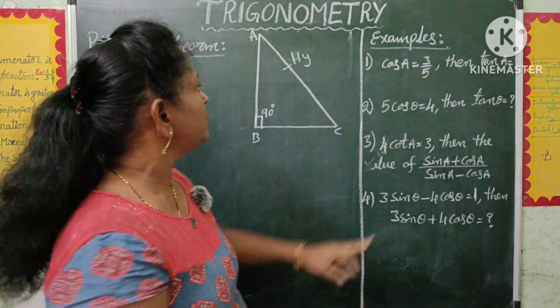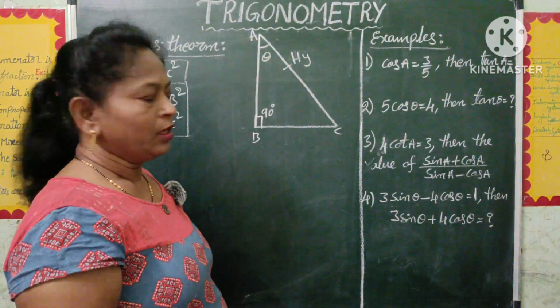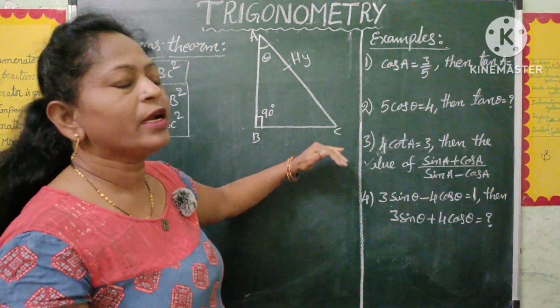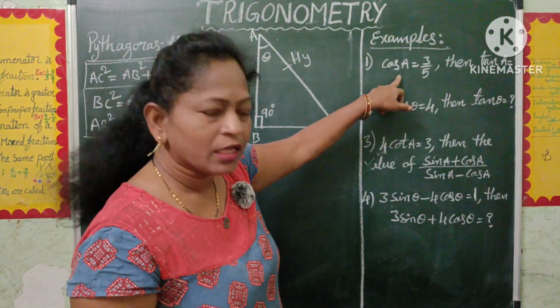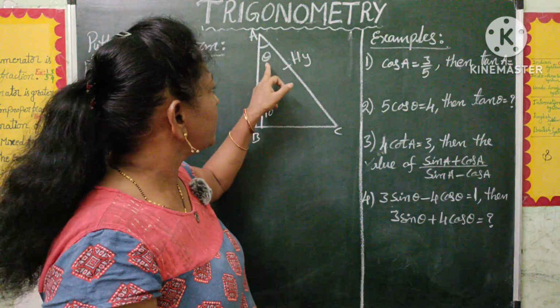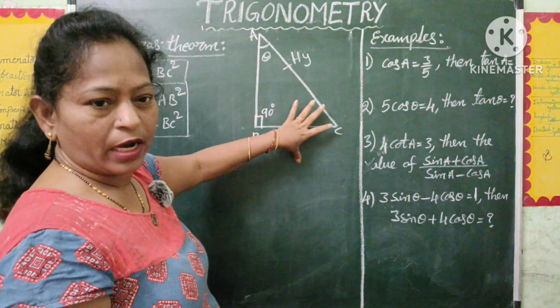Cos A means the angle at A. That is very important. If you use the other angle here, you will get the wrong answer. Whatever they mention in the question, at A or C, you have to use theta there only. Based on theta, we write the sides.